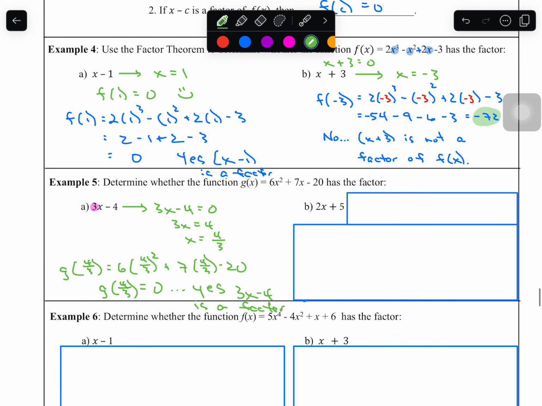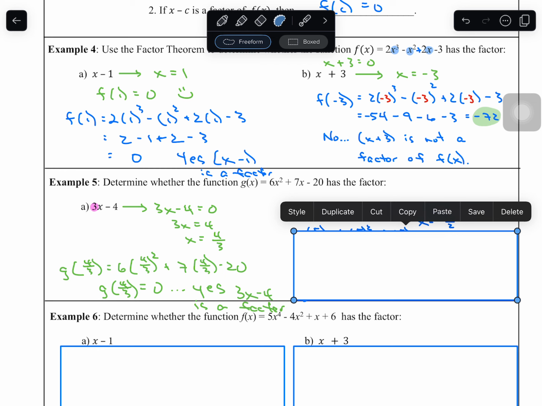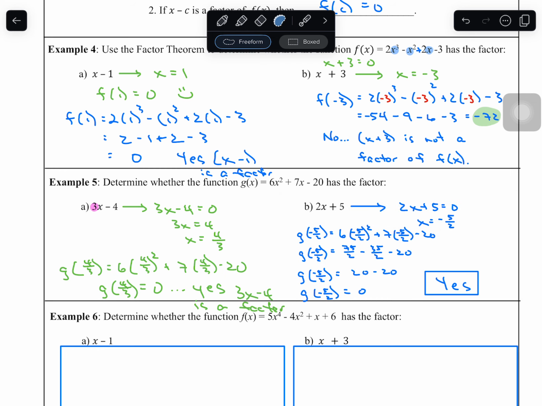Okay, go ahead, pause, and try B. Okay, first thing, we got to figure out what we're going to plug in. Turns out we would have to plug in negative 5/2. So once we plug negative 5/2 in, and I showed my math there, plug it in your calculator.